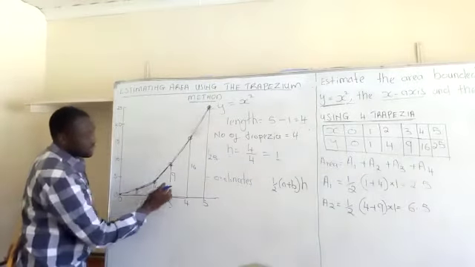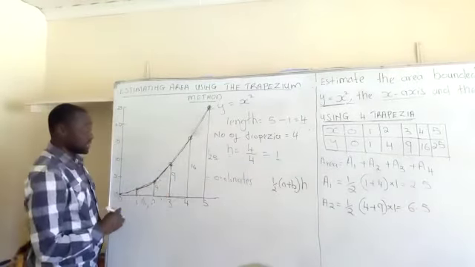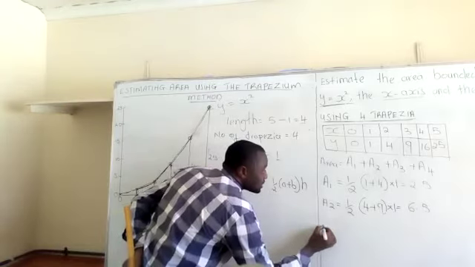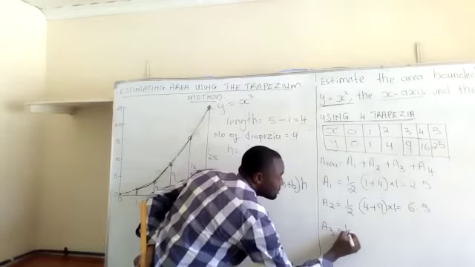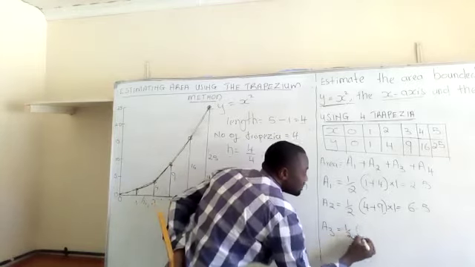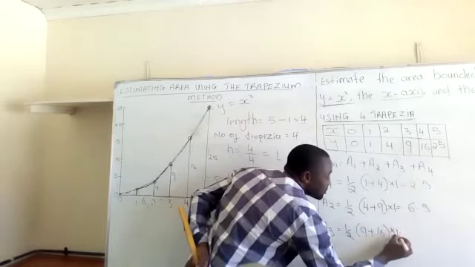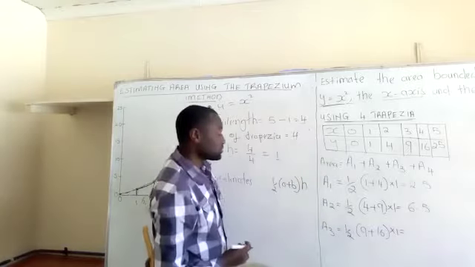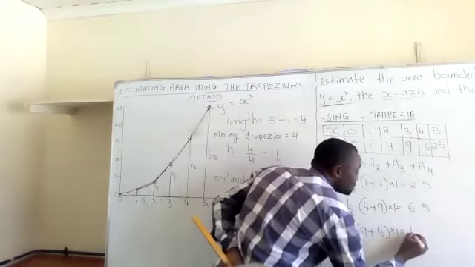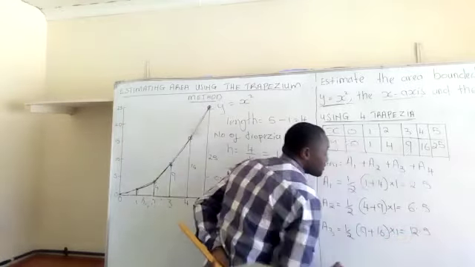Then the third trapezium here will be the area of the third trapezium. A half into 9 plus 16 times 1. This is 25 divided by 2, 12.5.